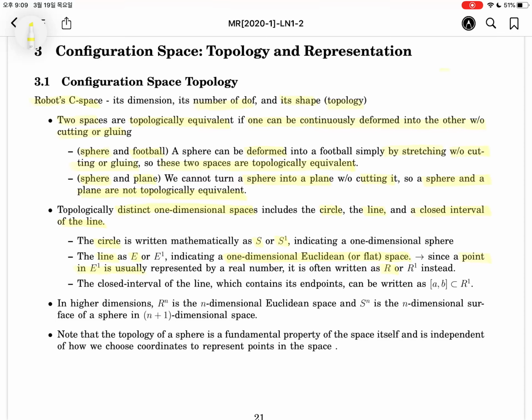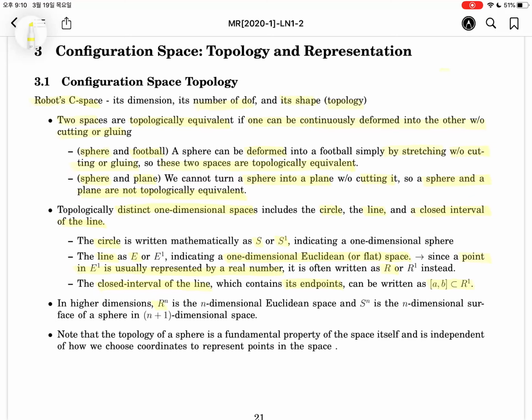The point in Euclidean space is usually represented by a real number, so it is denoted by R. As a third item, the closed interval of the line contains each endpoint. It is different from the line. The line does not have any endpoint, but the closed interval of the line has finite endpoints. So it can be written as bracket a to b bracket, belonging to R1.